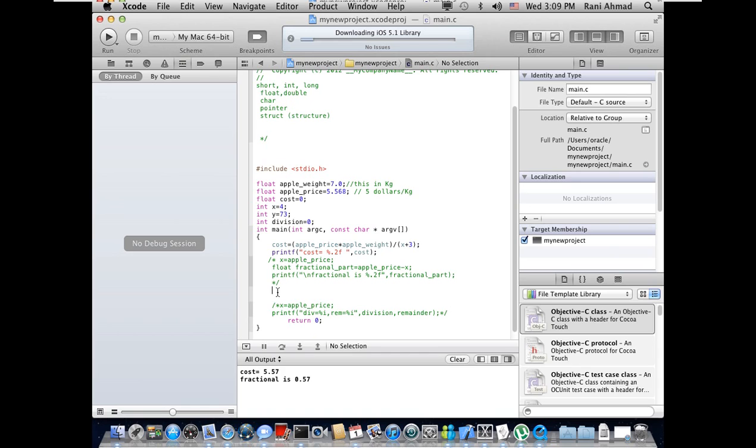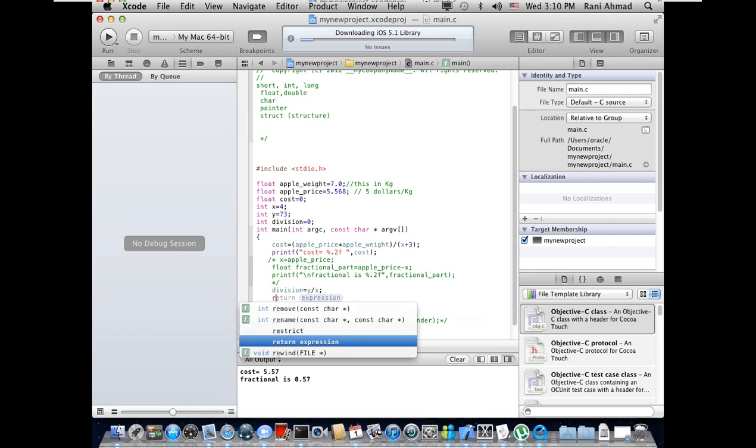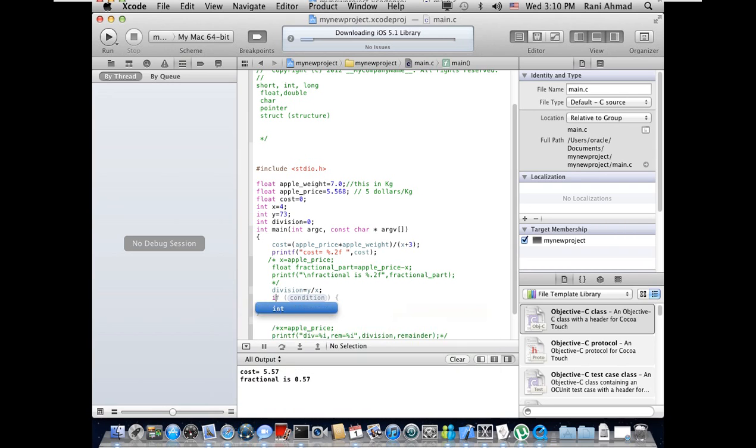So division equals y over x. Now, the remainder: because this is integer division, you don't get fractions. In integer Euclidean division there are no fractions, so there are remainders. So I'm defining here a local integer variable, remainder.